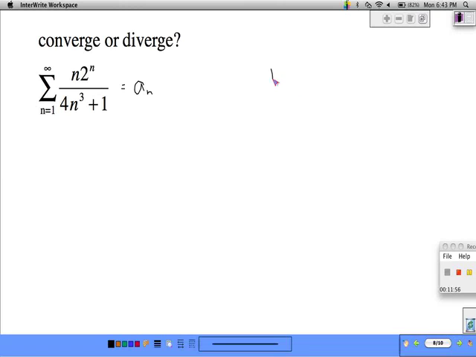I'm going to let b sub n be the series represented by the rule 2 to the n over n squared. And what I'm getting that from are these highest degreed variable terms and the power of 2. N over n cubed is 1 over n squared, and then I've got my 2 to the n.